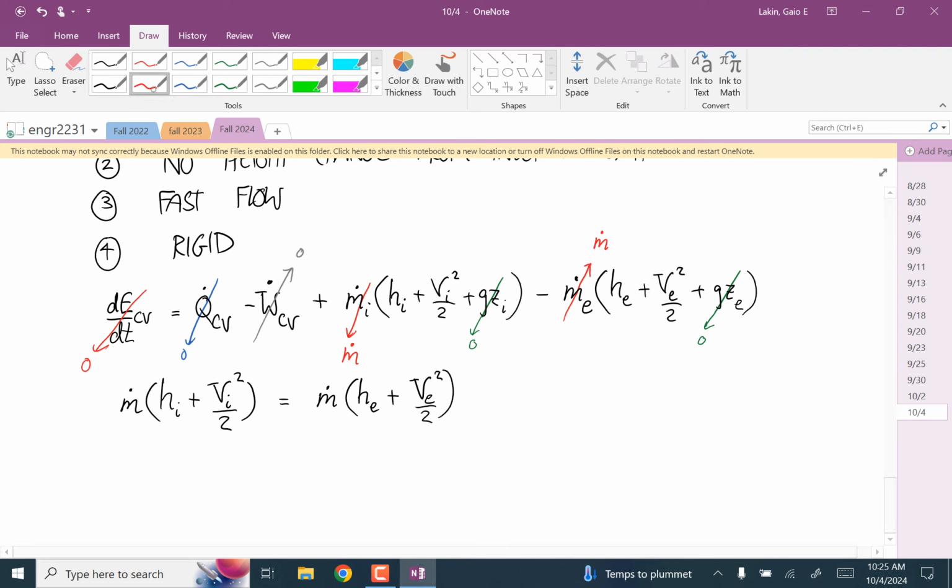And then you can cancel out those m dots. You could format this a few different ways. I guess I'll write it as h_i minus h_e is equal to v_e squared over 2 minus v_i squared over 2.